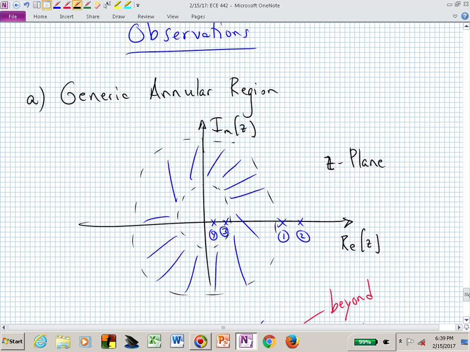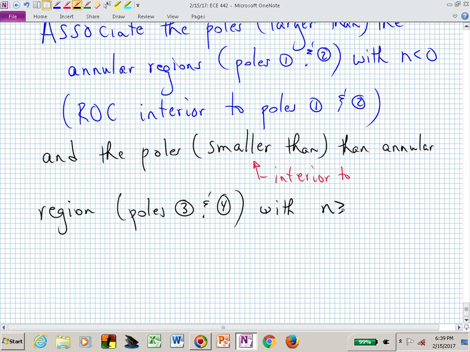This is now going to correspond with n greater than or equal to 0. Or that's with the region of convergence when it is exterior to poles 3 and 4.